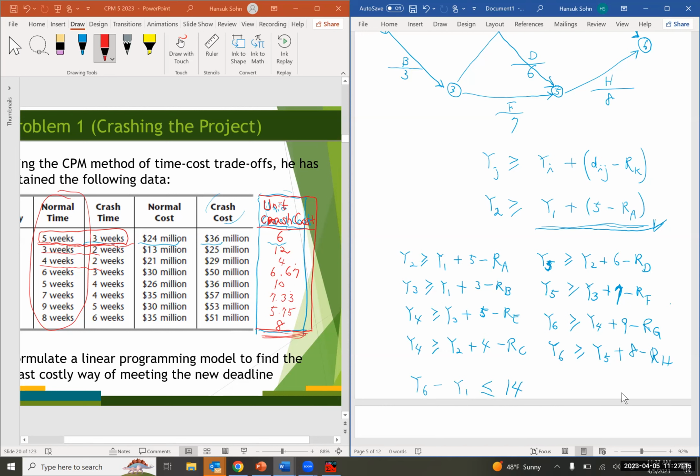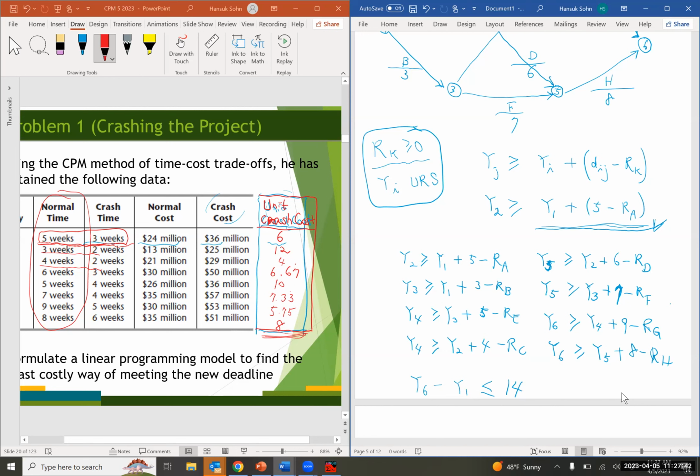And we also need to consider the sign restriction, right? So for every r variable, r sub k, we need to add the non-negativity restriction. And for every y variable, unrestricted in sign will be added, okay?